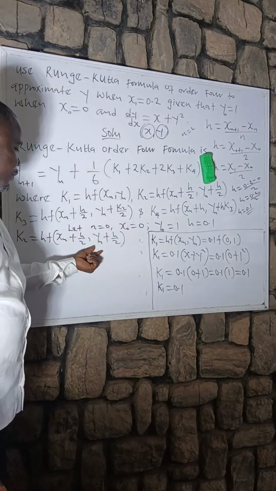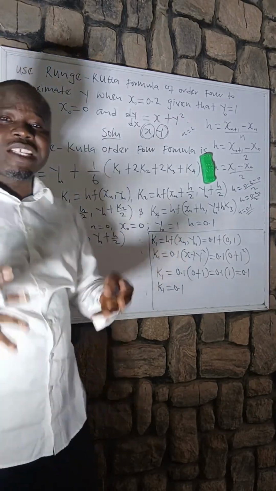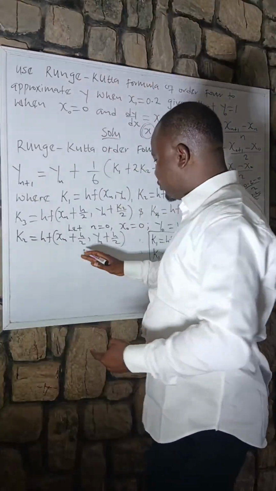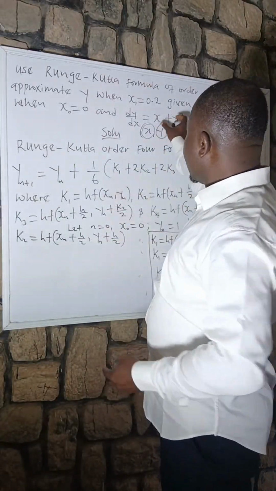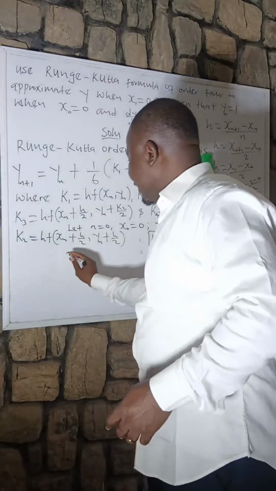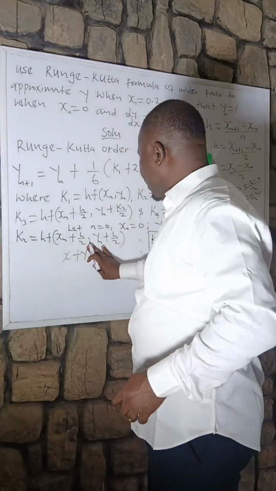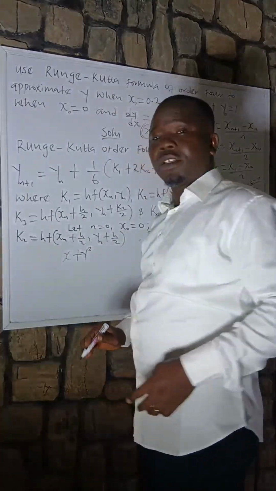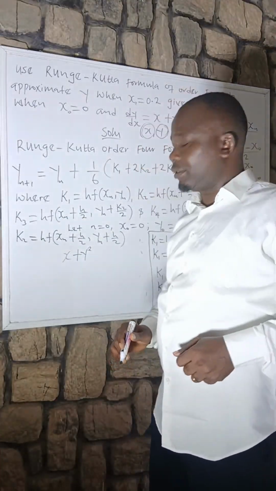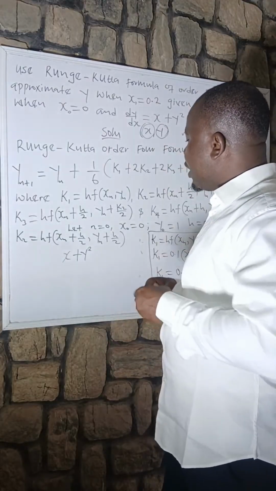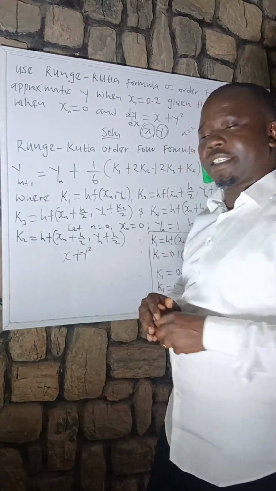Do you understand? But always look at it in this form, X plus Y squared. Always look at it in this form so that you won't be confused. Okay, so now let's look at it together.